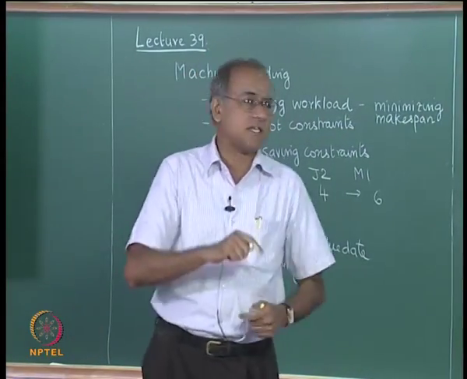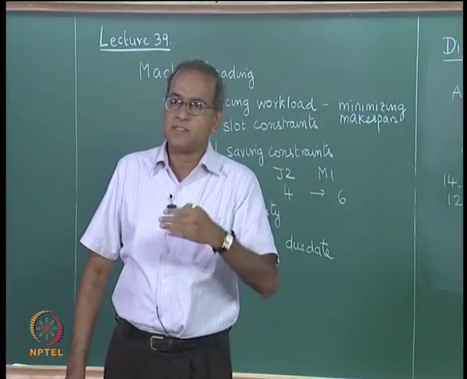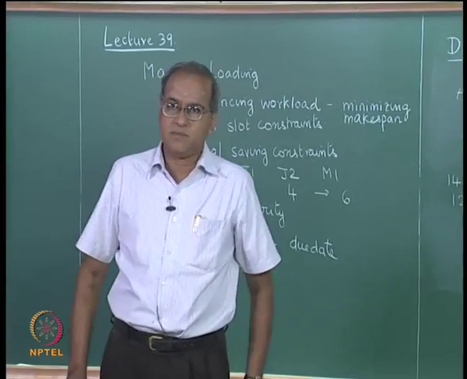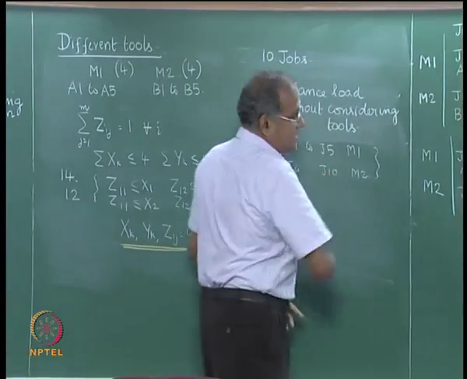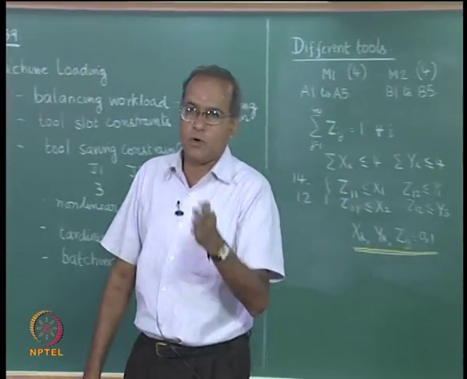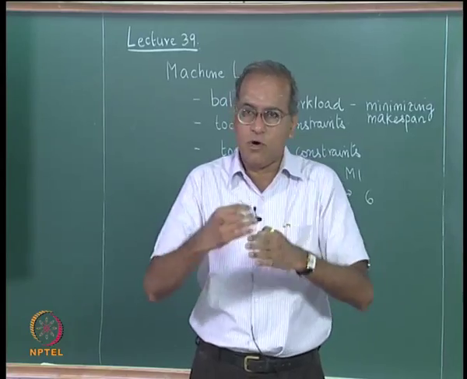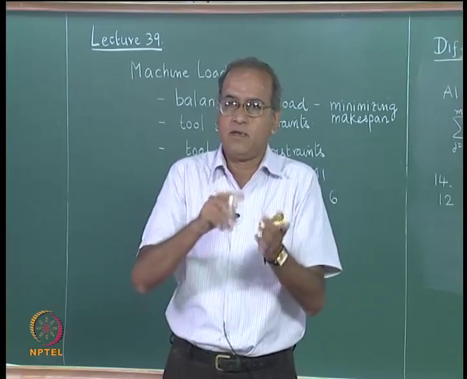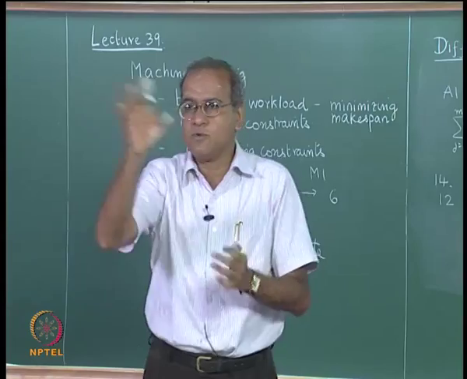Then we have to solve this problem only considering tools such that we now define them into batches, and then we say that out of these 1 to 5 we may consider 2 batches or 3 batches, and then say this job will go in this batch. And then if a set of jobs go into this batch, then we should be able to accommodate the union set of tools into the tool slot.